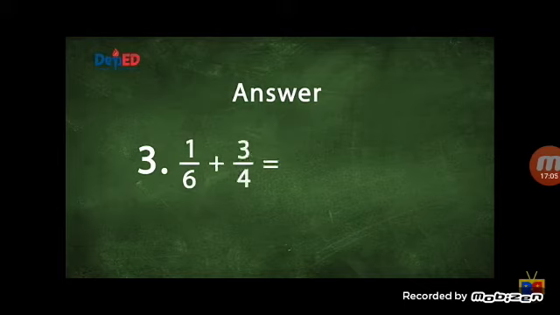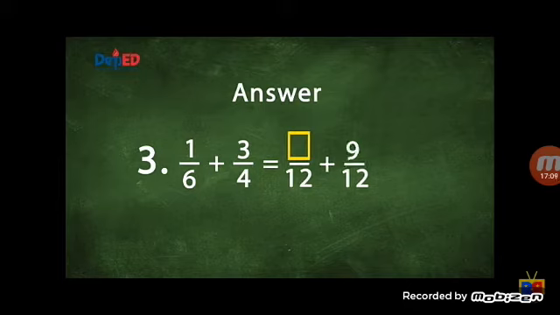Number 3. 1/6 plus 3/4 equals blank/12 plus 9/12 equals 11/12. Step 1. Change fractions to similar fractions through getting the least common denominator, or LCD. The LCD of 6 and 4 is 12.